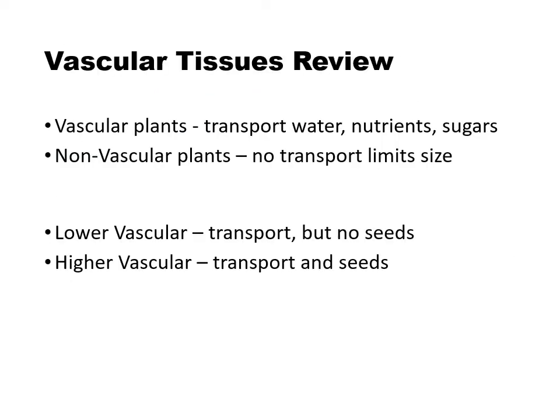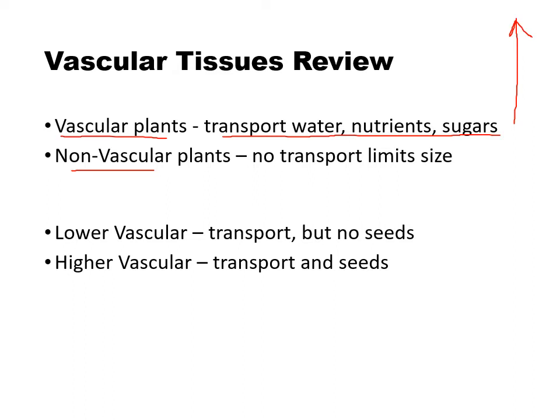Now let's just review vascular tissues quickly. Going right back to the beginning of the course, we talked about vascular plants and non-vascular plants, right? So now we just talked about what xylem and phloem are, and they're vascular. So vascular plants have the capability to transport water, nutrients, and sugars, which allows them to grow big.